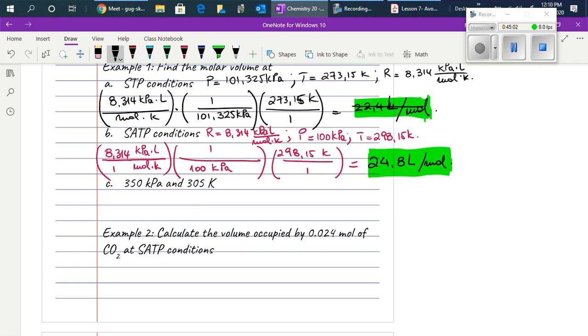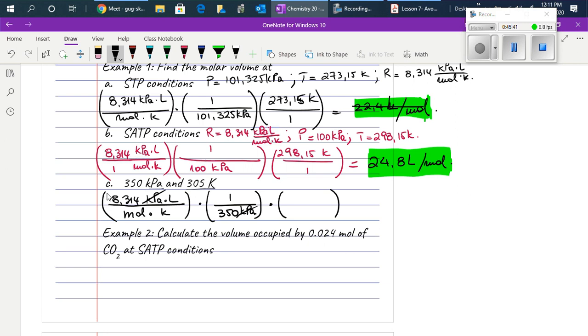Now, the next example is asking what is the molar volume if we have a pressure of 350 kilopascal and a temperature of 305 Kelvin. So 8.314 kPa·L over mole K, times 1 over 350 kPa. So kPa, kPa and kPa cancel out.